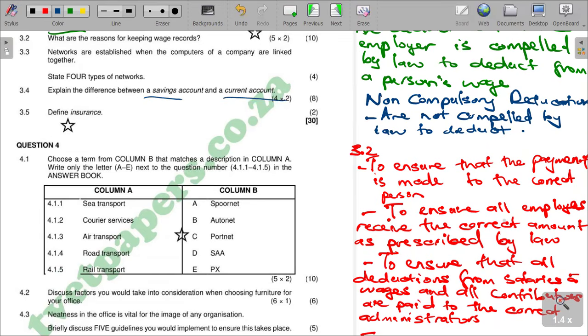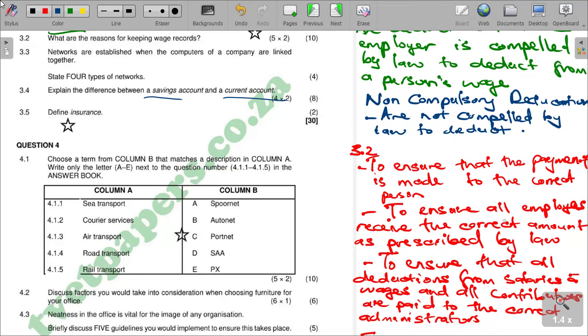In a savings account, money can be deposited and withdrawn over the counter of the bank by completing a deposit or withdrawal slip. Nowadays, we are using ATM. You can just go and deposit and also withdraw.